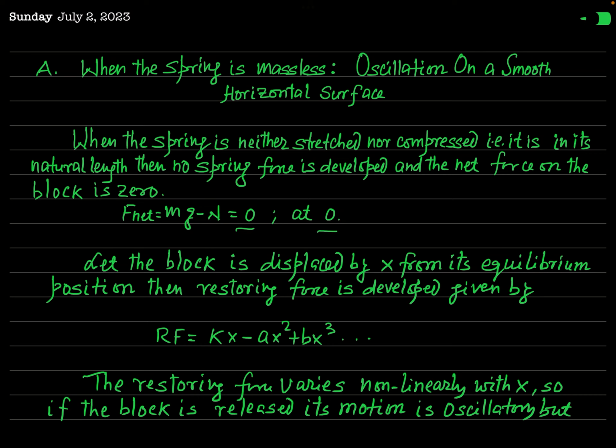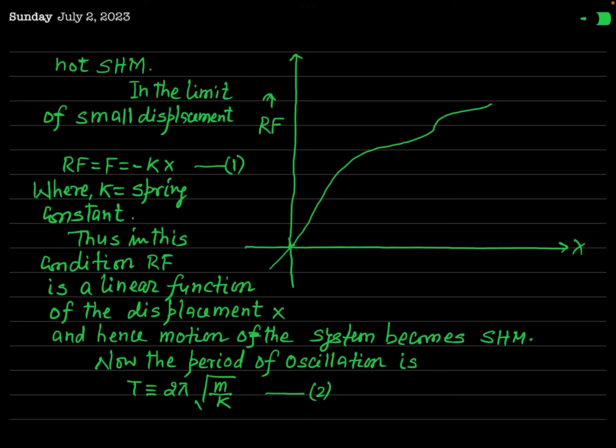But if the block is displaced, then the restoring force is given like this, as I have mentioned. So you can say that the restoring force varies non-linearly, and this variation of the restoring force I have shown in this graph.